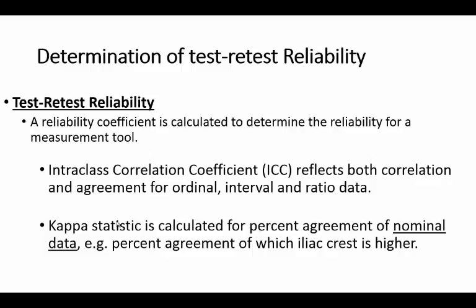Many of you reported that the authors are saying that this instrument has been tested for reliability, and the reliability coefficient, or the interclass correlation coefficient, is 0.9 or 0.8 and so on. So if the measure is ordinal, interval, or ratio, then we use the interclass correlation coefficient. If the measure is nominal, and you know what that means, then we use kappa statistics.